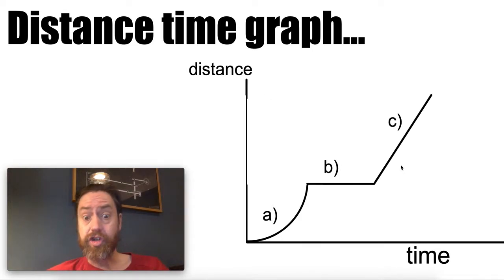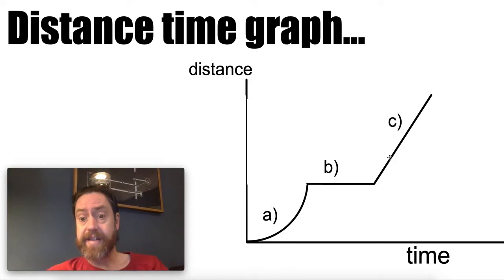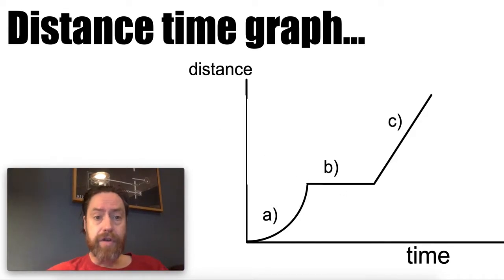And the reason it's a straight line is that every second that passes, the distance increases by the same amount. And that's really what our definition of a constant velocity is. You can't say whether this is fast or slow without having a scale on here. What you could do, and I'll just draw another line.